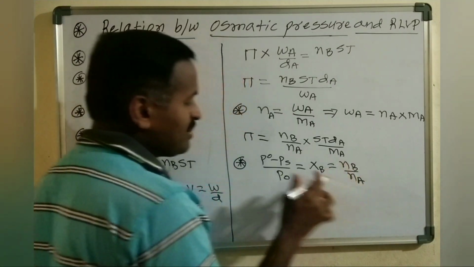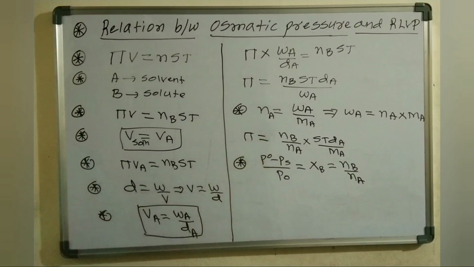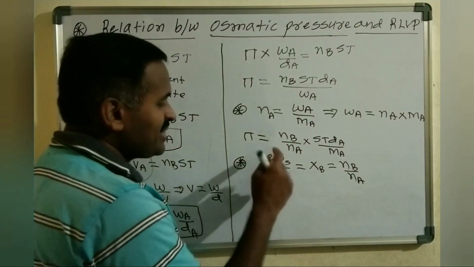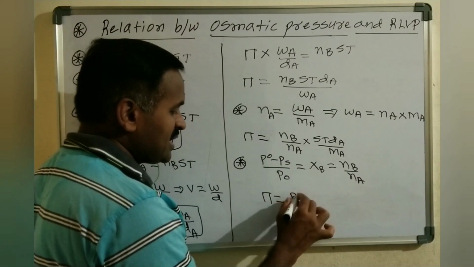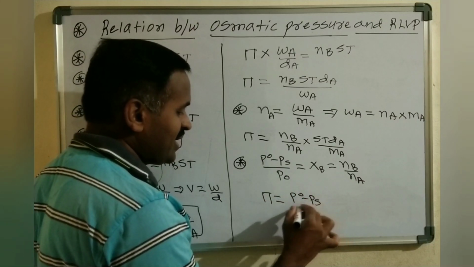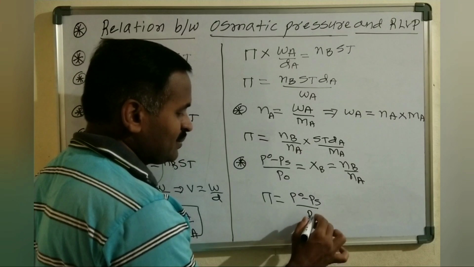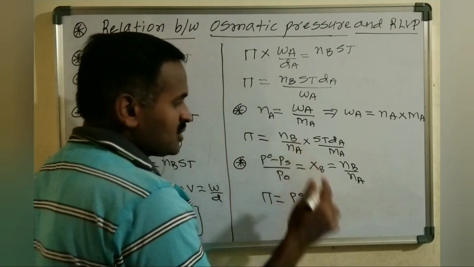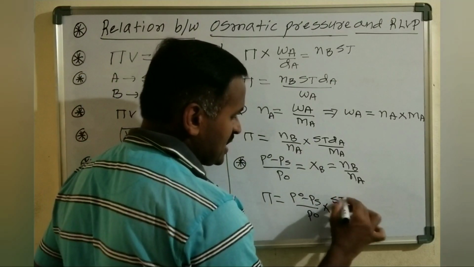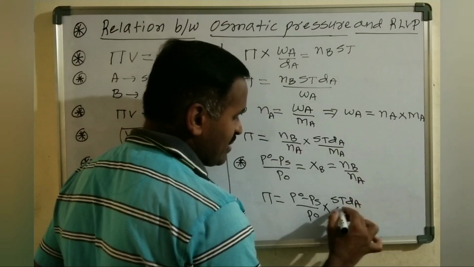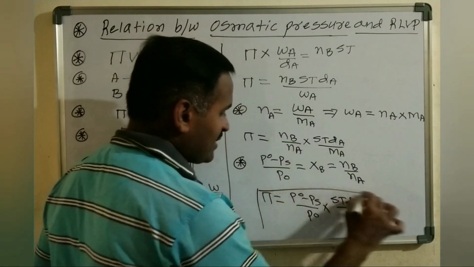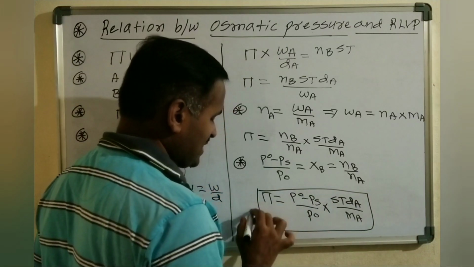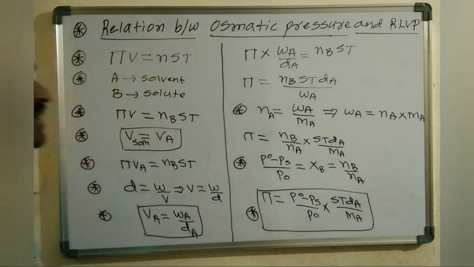So instead of Nb by Na, we can introduce the RLVP here: π = (P naught minus Ps) divided by P naught into ST dA divided by the molecular weight of solvent. So this is the relation between the osmotic pressure and RLVP.